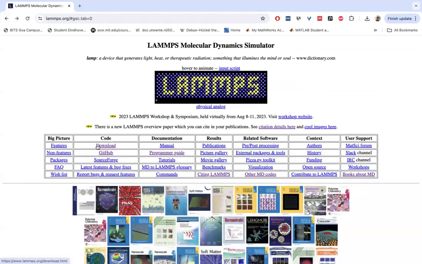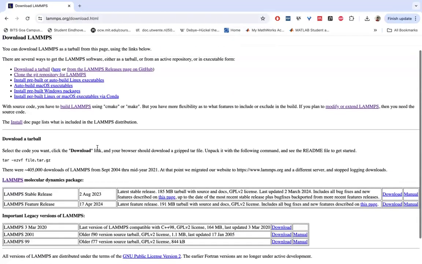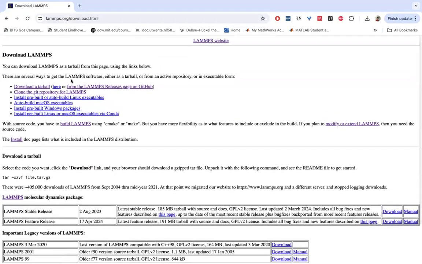So once again, let's go a bit slowly here. For downloading LAMMPS, you need to click on this link here at code. Now, you can download the latest version of LAMMPS that's shown here.